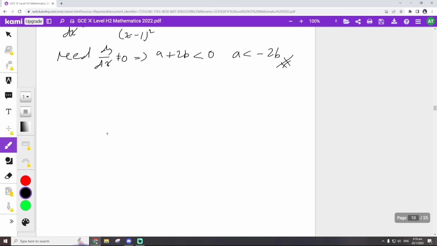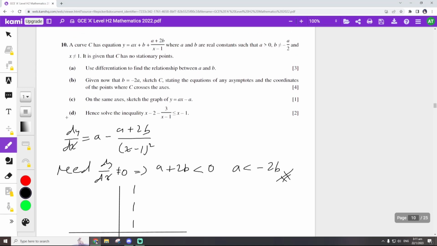So let's draw an example of that. Let's say this is the asymptote. Okay, and let's also draw an asymptote line. So this depends on a, but essentially it will look something like this.